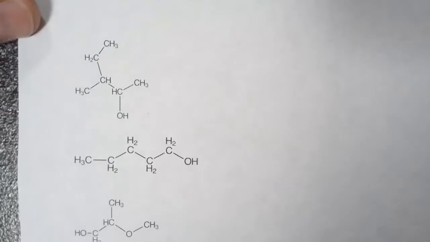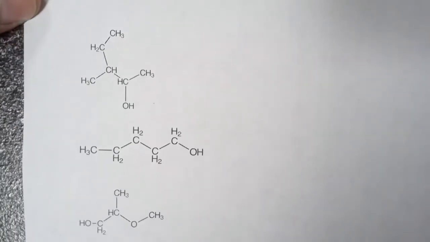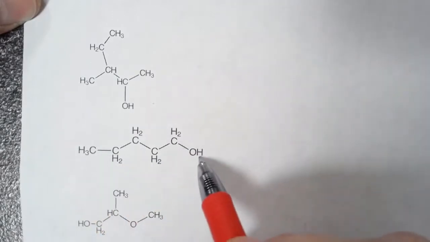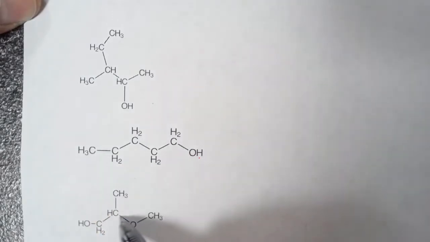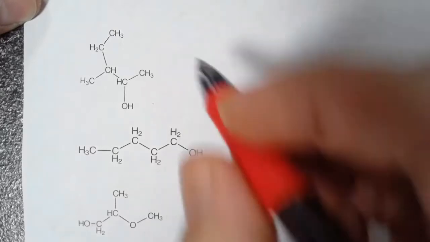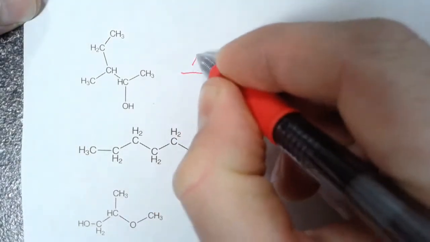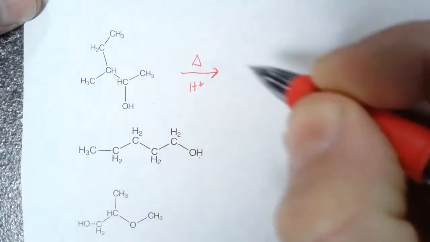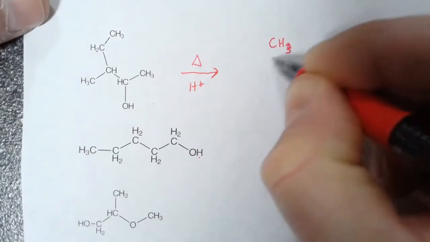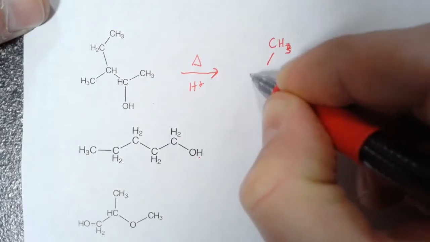So this is where we start with an alcohol. All of these are alcohols. OH there, OH here, and the OH is here on this one. We also have an ether group here that's not involved in the reaction. With dehydration, we add heat and acid, and that's going to get rid of the alcohol and replace it with an alkene.